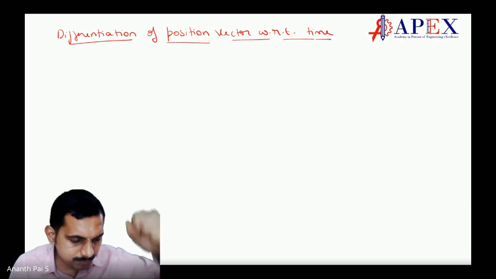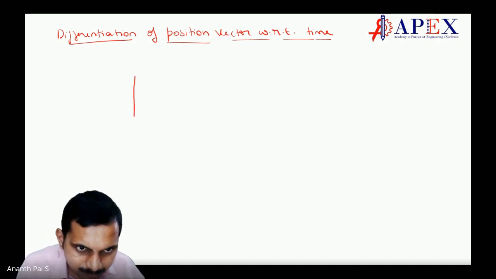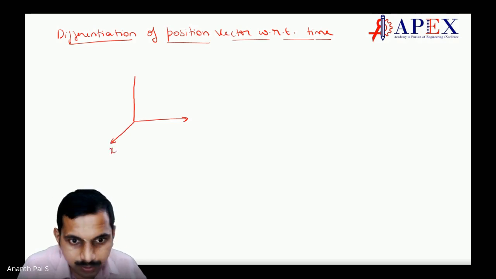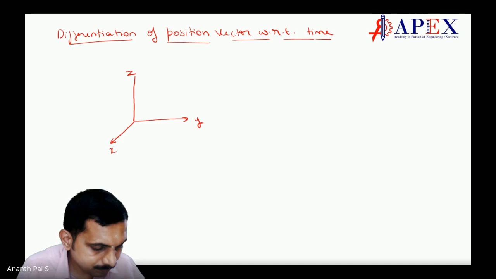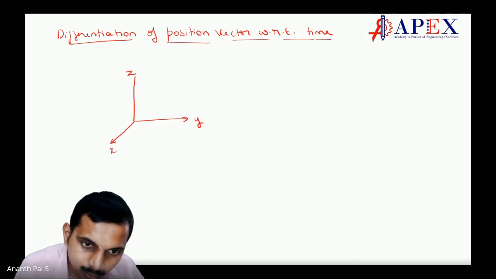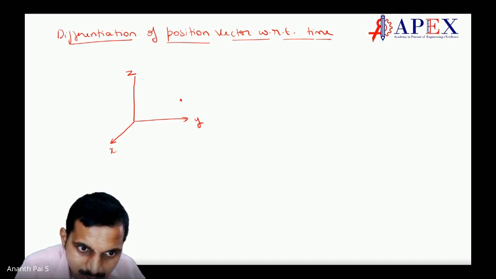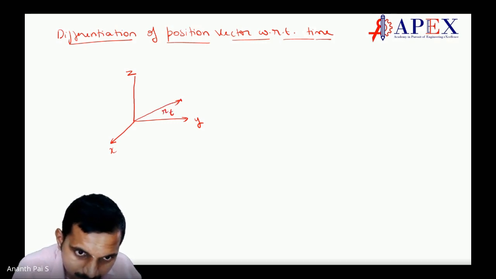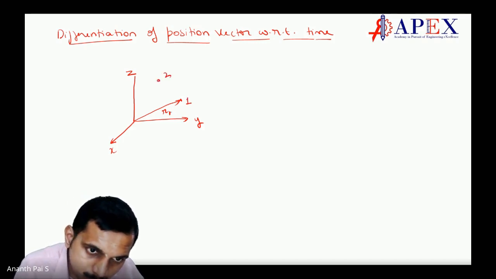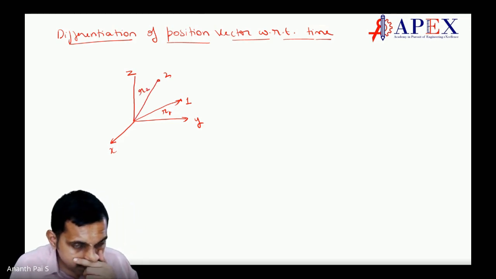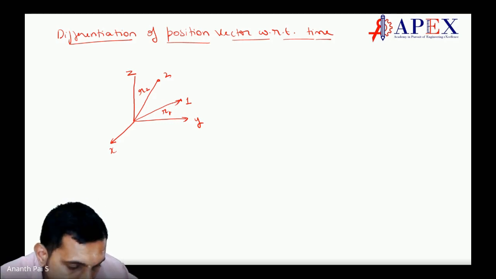Let us see this. Okay, so if I have, say this is x, this is y, this is z, and let us say position goes from, say this is r of t, it moves from r of t, or we will say r1, point 1 to point 2, say r2. Okay, now the position has moved from r1 to r2, correct?